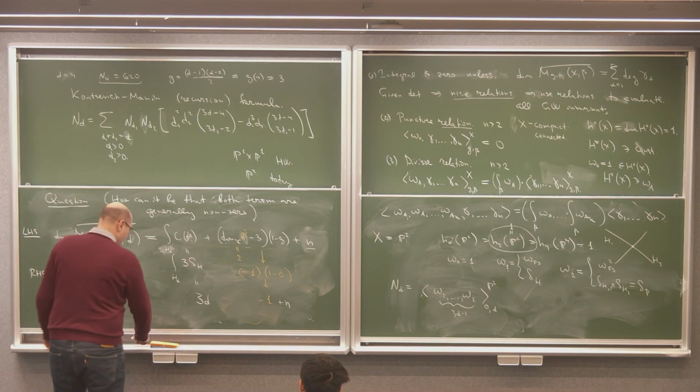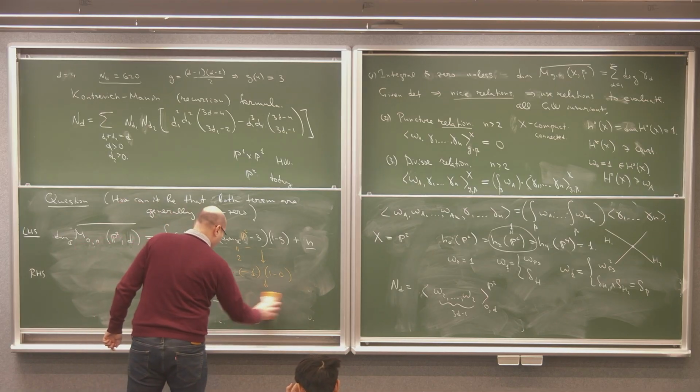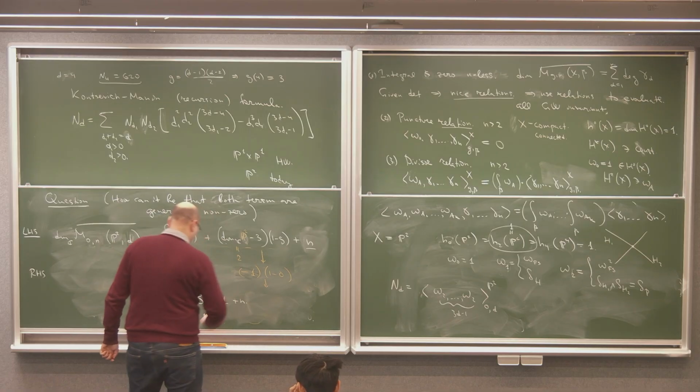Therefore, for this dimension, we got the following formula: 3d minus 1 plus n.